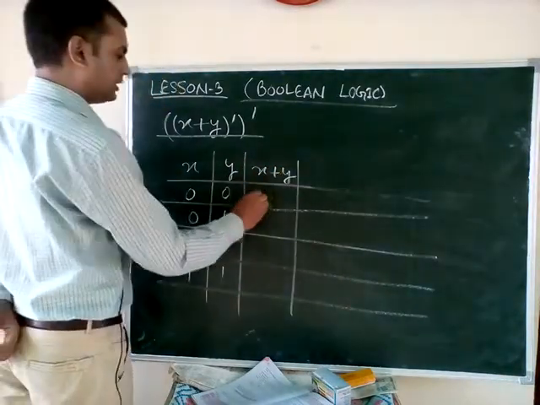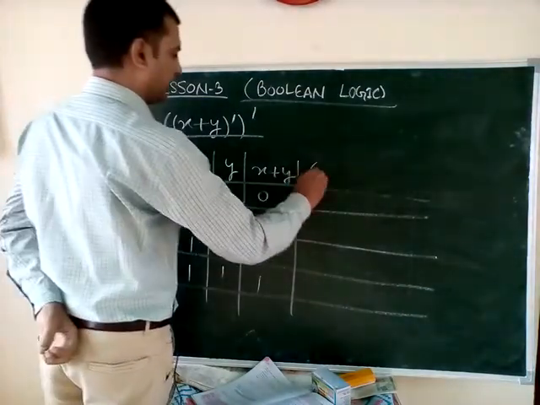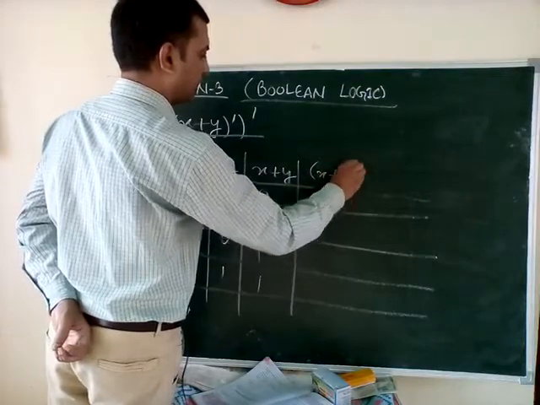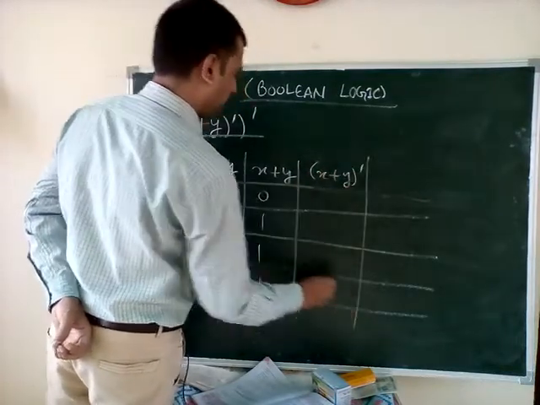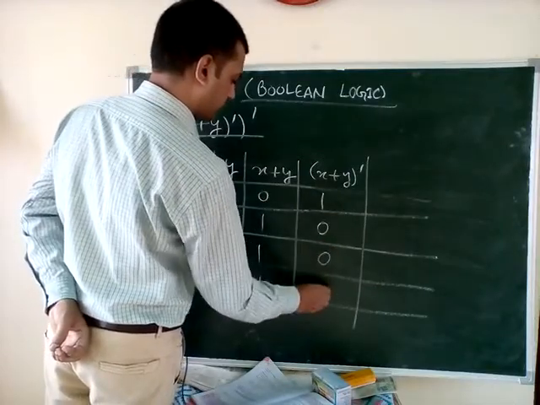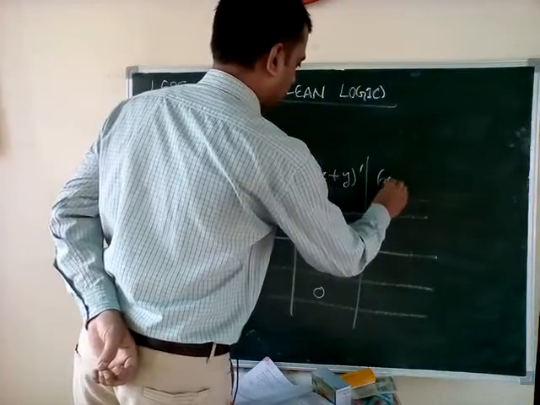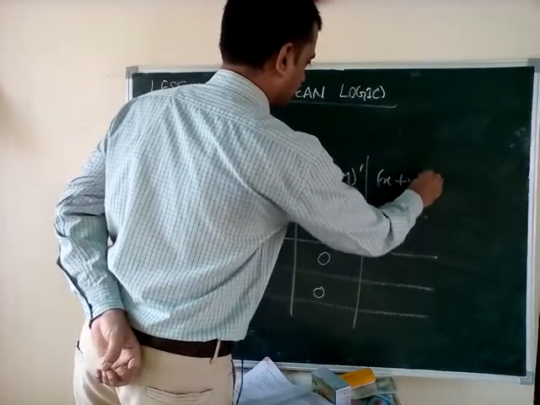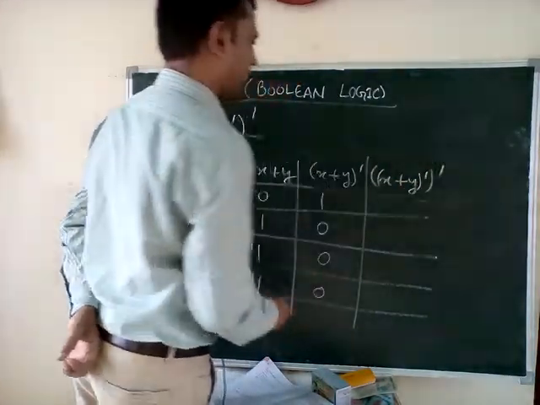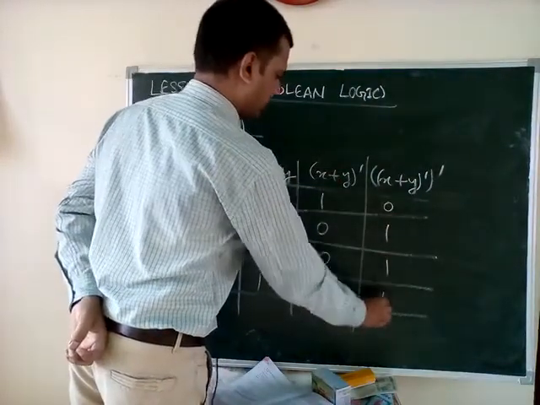So if any one is there, then we will give 1. Then x plus y dash we will find, meaning simply reverse it, 1 0 0 0, and then finally x plus y dash and dash, double dash. So reverse this, 0 1 1 1.